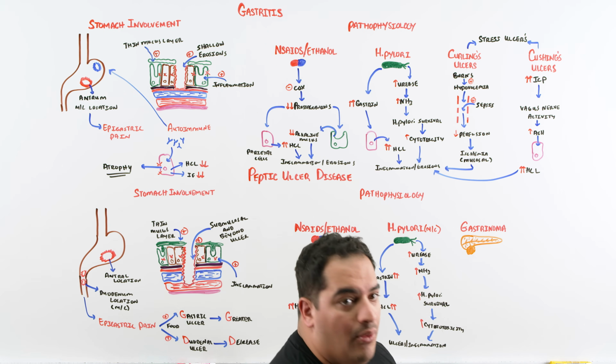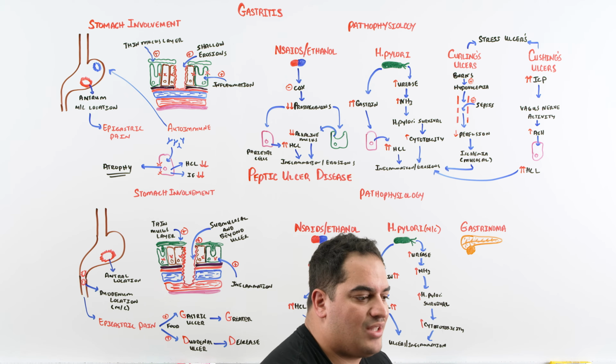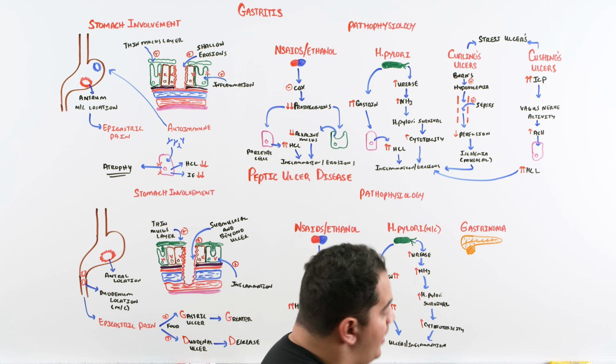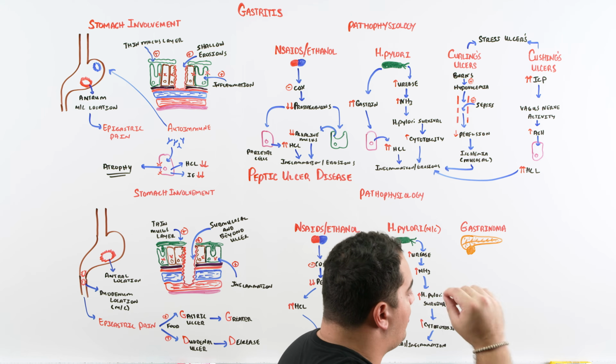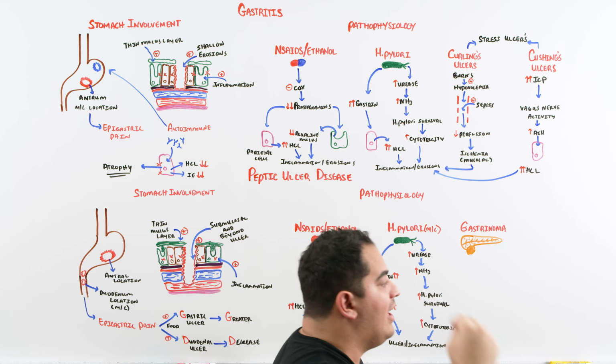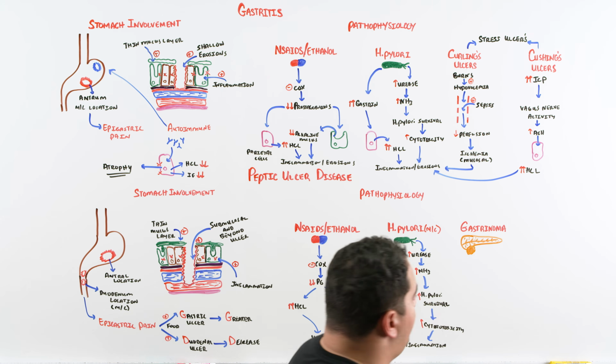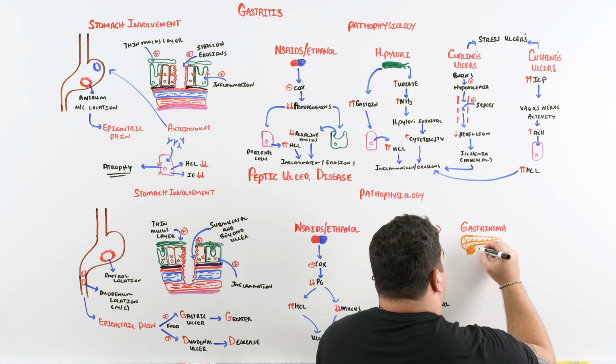The last one that I would really want you guys to remember: if a patient has refractory duodenal ulcers, meaning ulcers that are refractory to treatment and just are not getting better, I want you to think about a gastrinoma. This is a tumor that usually sits around the level of the pancreas.